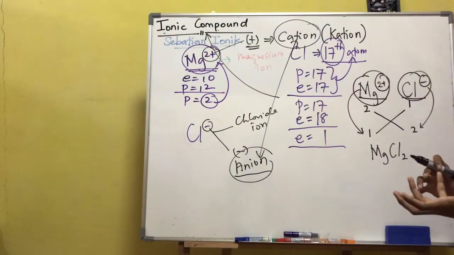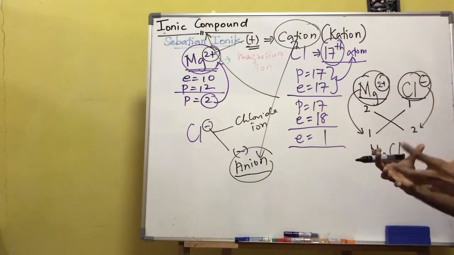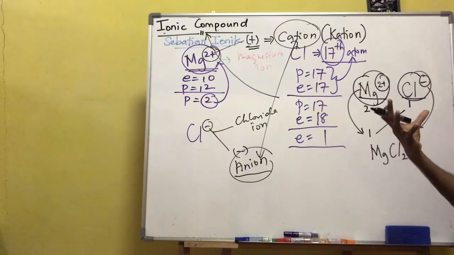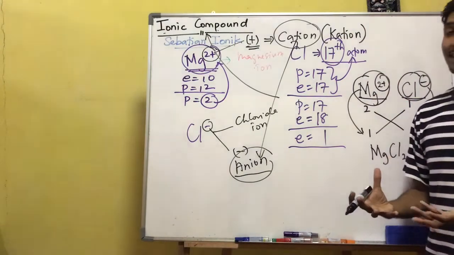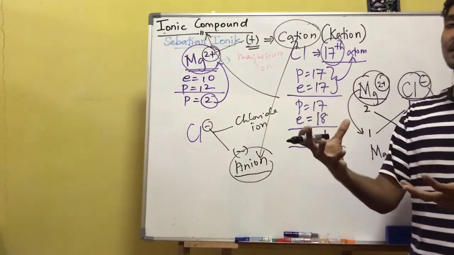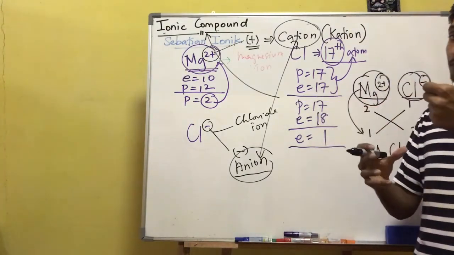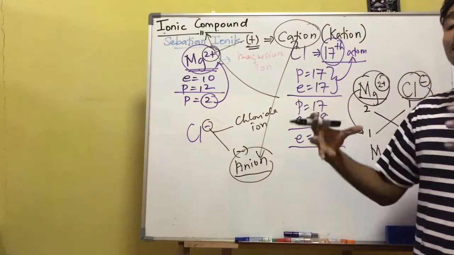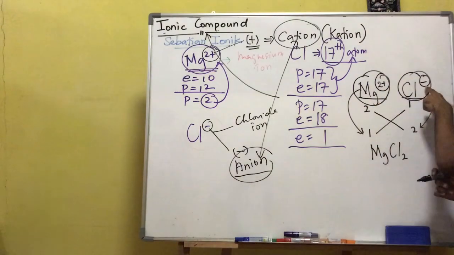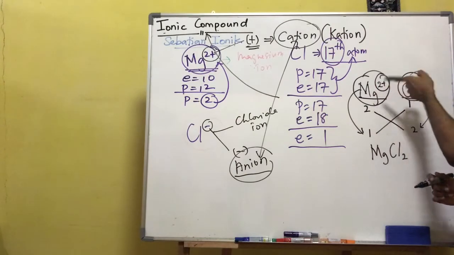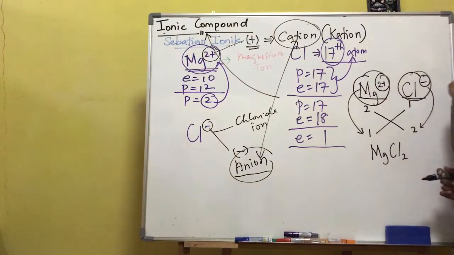Satu dengan charge positifnya, satu dengan charge negatifnya. One is negative, one is positive. So you guys learn in electrostatics what happens when a positive and negative combine together. First, they will attract. Second, they will cancel each other. So the negativity will cancel the positivity and vice versa.